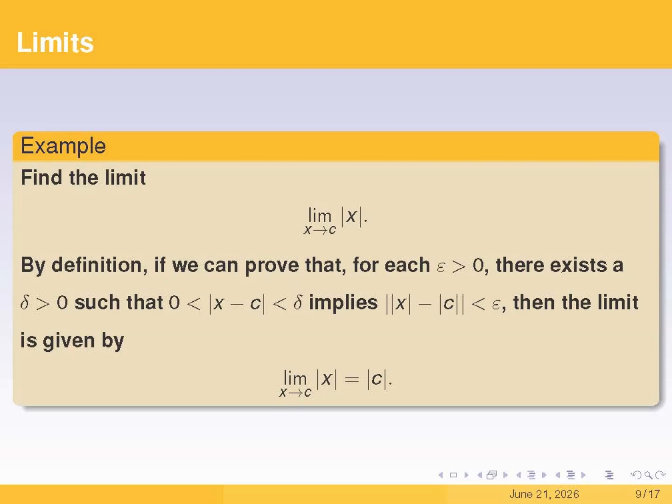Here we are proving it by definition. According to the definition, given any positive number epsilon, we must find another positive number delta such that if the absolute value of x minus c is non-zero and less than delta, then the absolute value of x minus the absolute value of c will also be less than epsilon.